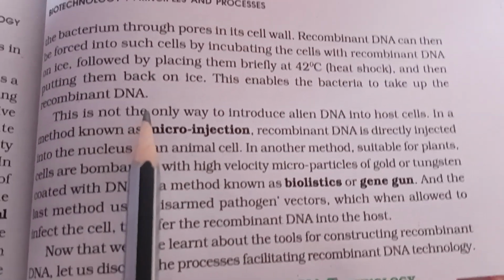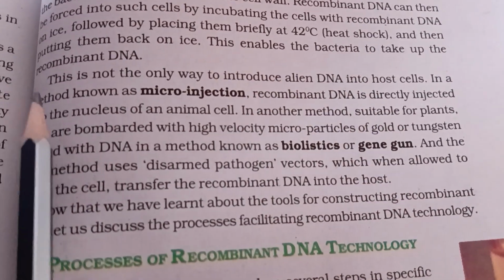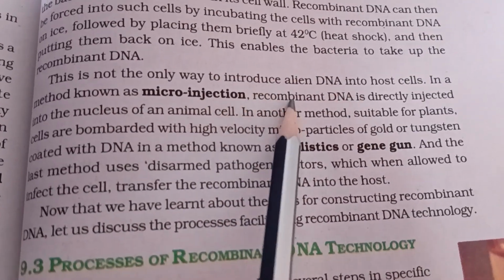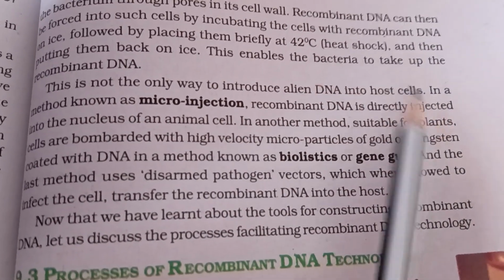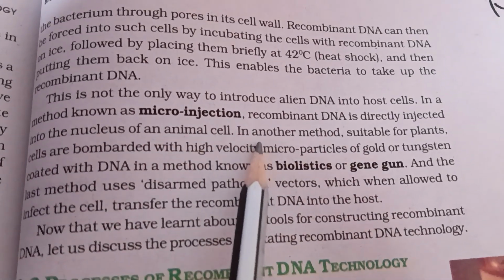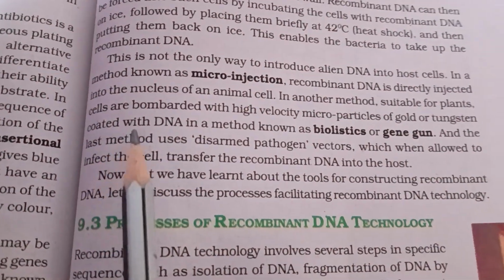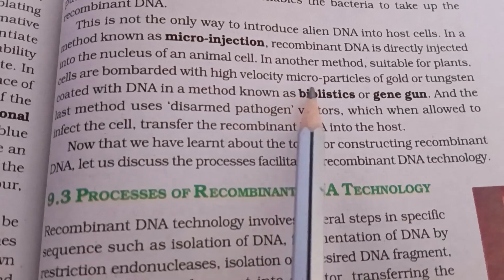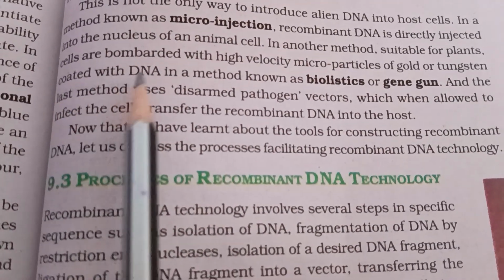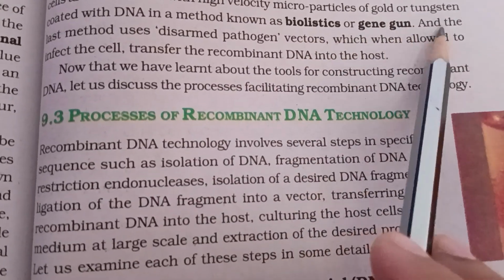This is not the only way to introduce alien DNA into host cells. In a method known as microinjection, recombinant DNA is directly injected into the nucleus of an animal cell. In another method suitable for plants, cells are bombarded with high velocity microparticles of gold or tungsten coated with DNA in a method known as biolistics or gene gun.